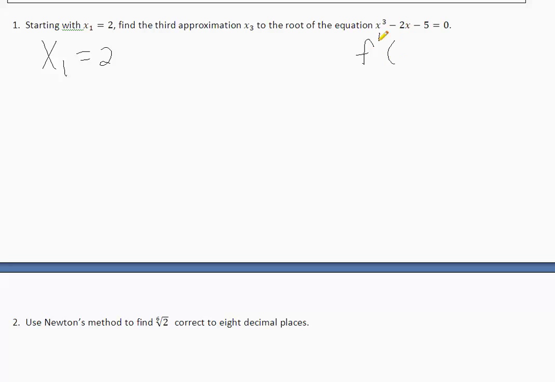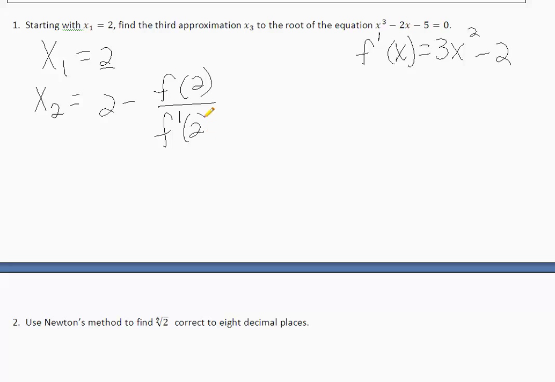The derivative of this is 3x squared minus 2. So x2 is going to be x1, which is 2, minus f of 2 over f prime of 2: the previous x value minus f of 2 over f prime of 2.